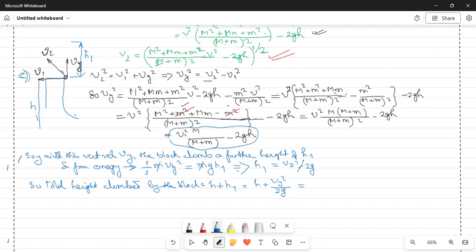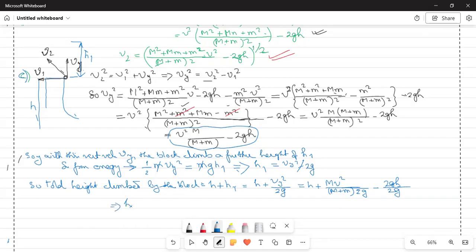So this will be h plus capital M V square divided by capital M plus small m, that divided by 2g, minus 2gh divided by 2g.